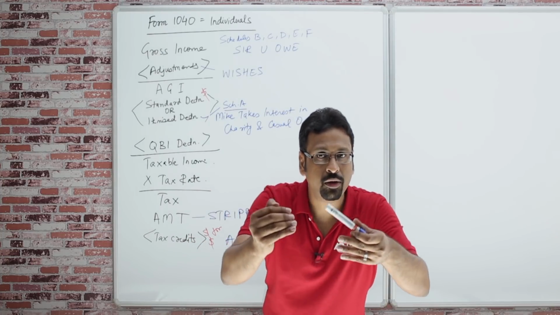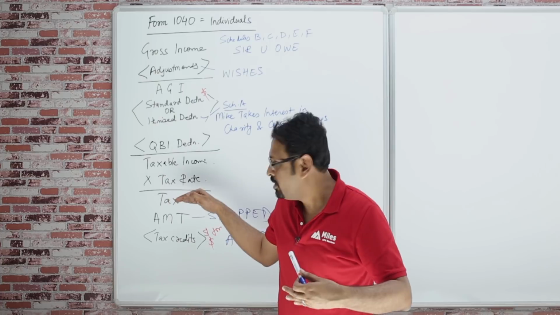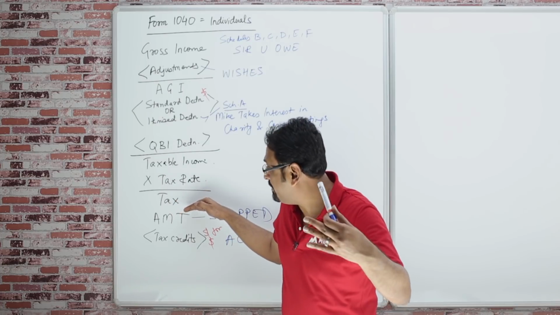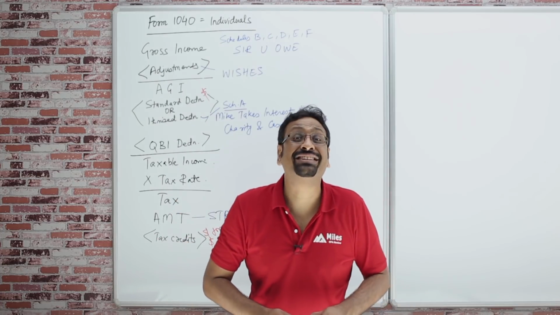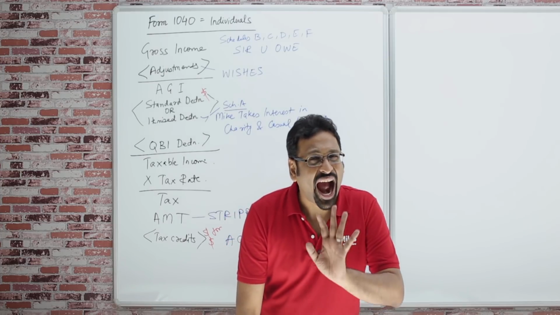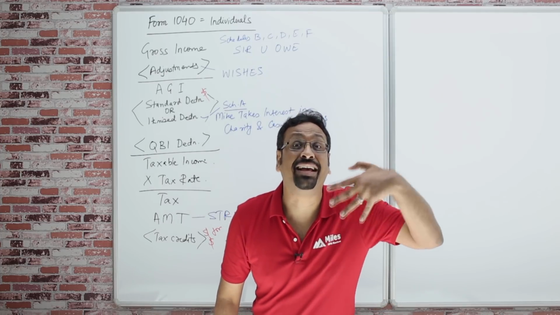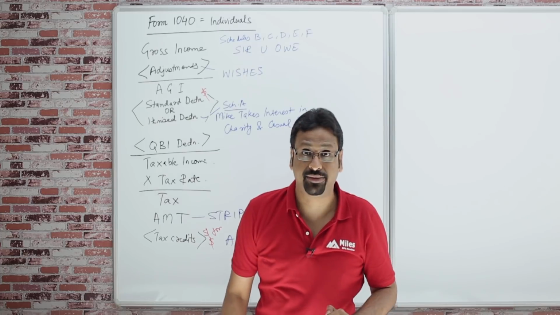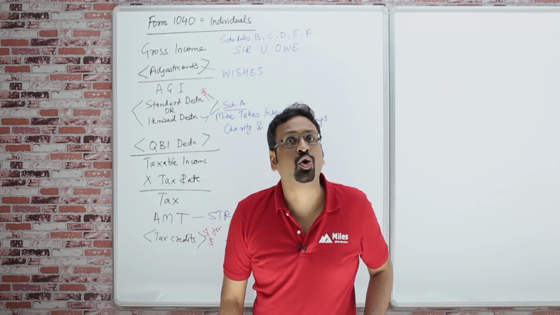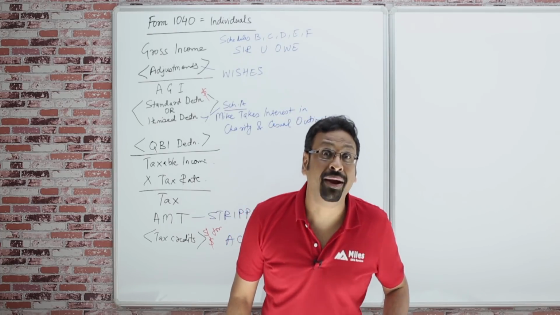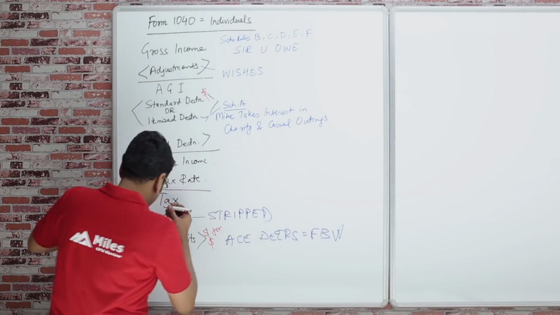We'll move on. So we've looked at tax plus alternative minimum tax, less tax credits. Then you're going to add back any other taxes that you have besides the income tax. And a good example here is going to be self-employment tax. So let me write that here.